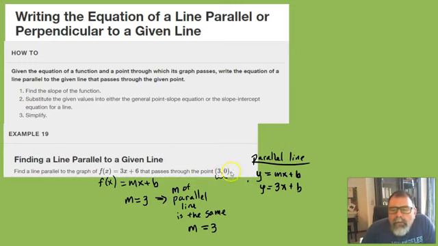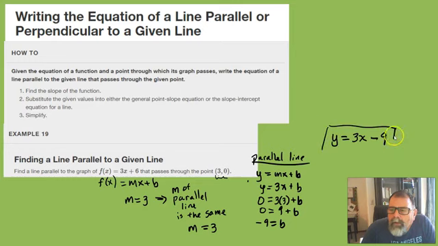Oh no, sorry, I was thinking that was the y-intercept. This is the x-intercept. So we plug in x equals 3 and y equals 0 and solve for b. So 0 equals 9 plus b. Subtract 9 from both sides, so you get b equals -9. Now we can write the equation of the line: y equals 3x minus 9. And that would be our parallel line.